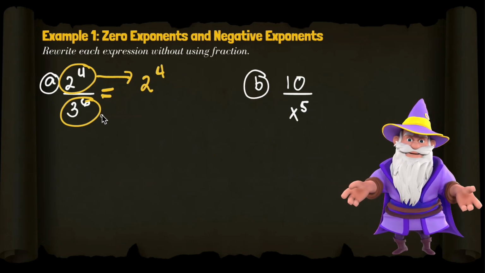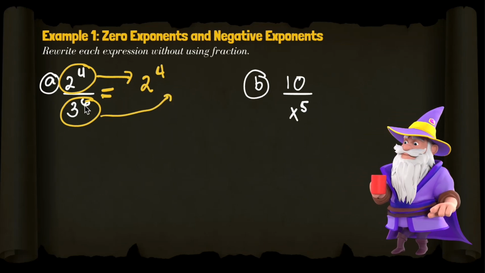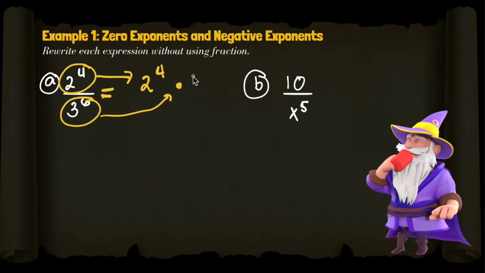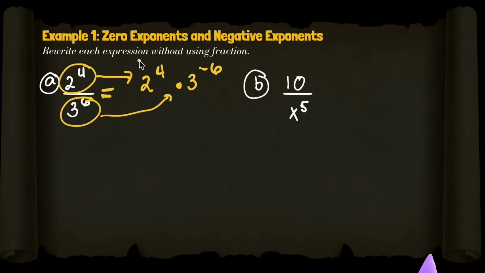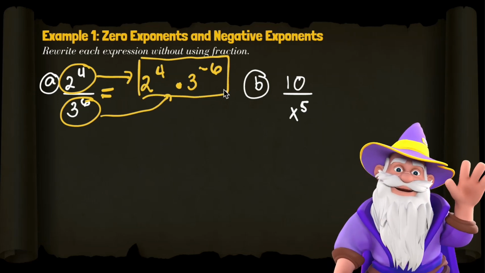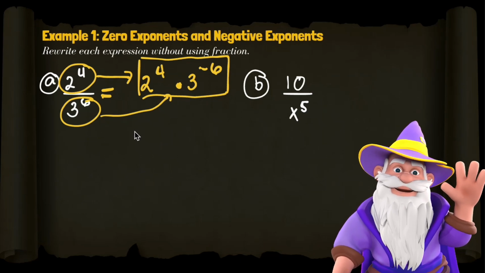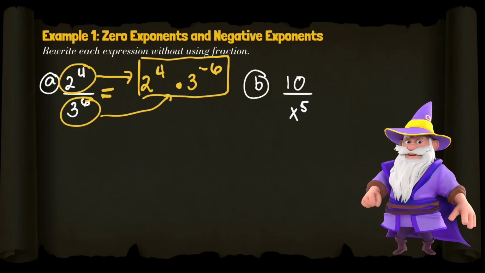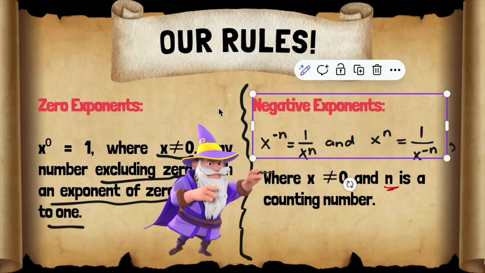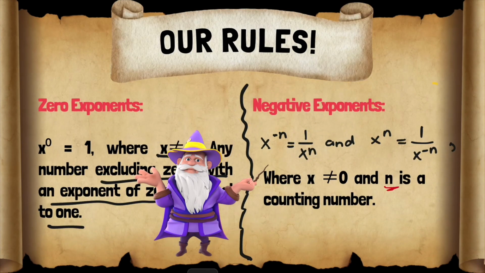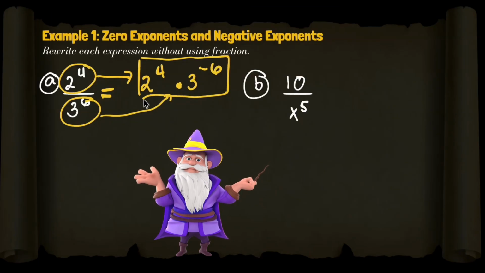What will happen is, when I lift it, the positive 6 below will become negative above. So it means you have here 3 raised to negative 6. And that's it. Again, 3 raised to 6 was in the denominator, so when we move it to the numerator, it becomes negative 6. That did not come from me, it came from the negative exponents rule. Okay? So this is going to be the final answer.